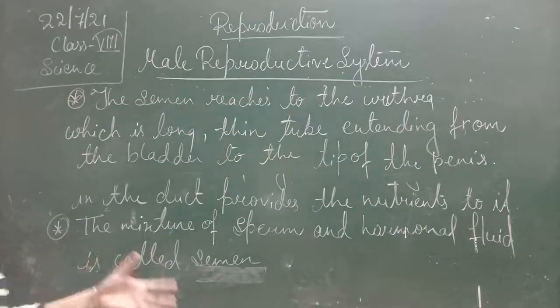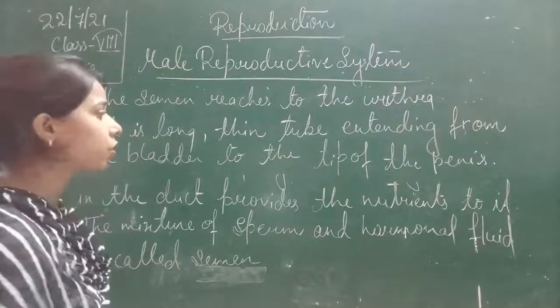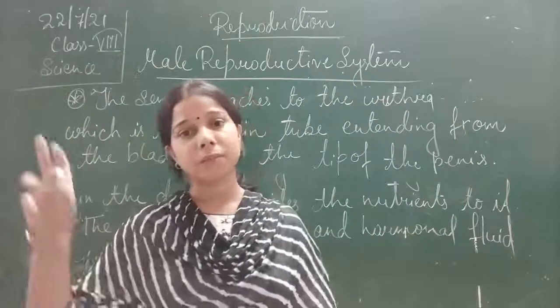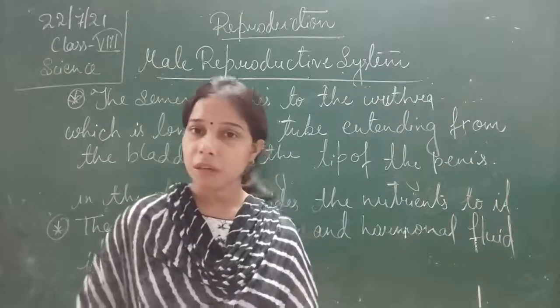So semen reaches the urethra, which is a long thin tube extended from the bladder to the tip of the penis.